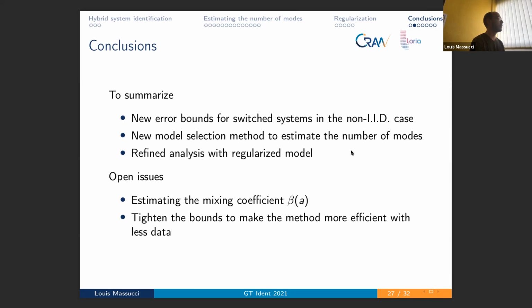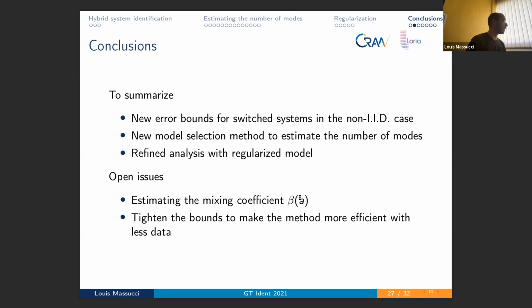There are still open issues because for the moment, we are not able to estimate the mixing coefficient beta that I introduced, which is induced by the mixing property, to make the hypothesis to make the non-IID bound.